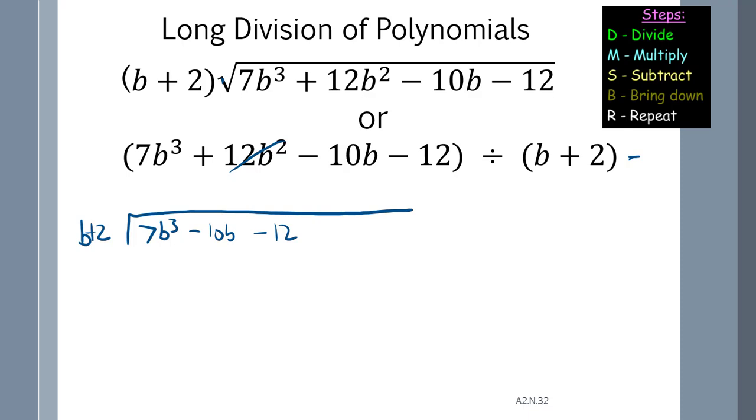To ensure that you have proper notation of what to divide into, you can simply plug in the exponent that you're going into, so that it makes sense of what you're dealing with and how to divide into this. So if you're missing that, you would simply say plus 0b squared minus 10b minus 12. That would be a placeholder to understand what else to divide into moving forward.